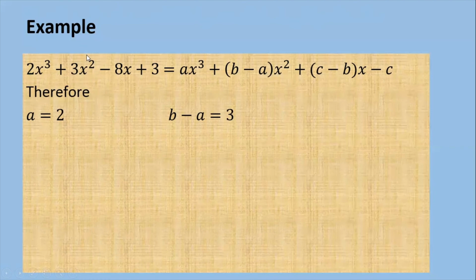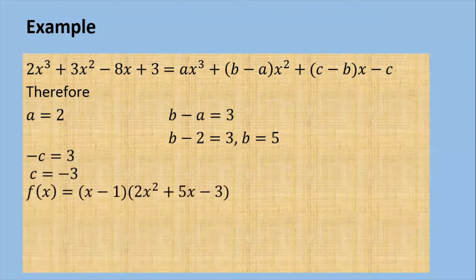What is the coefficient of x squared here? It is 3. So b minus a equals 3. Now, what is a? a is 2. Therefore, b minus 2 equals 3, b equals 5. Simple. Now, for c, we have minus c equals 3. So c will be equal to negative 3.